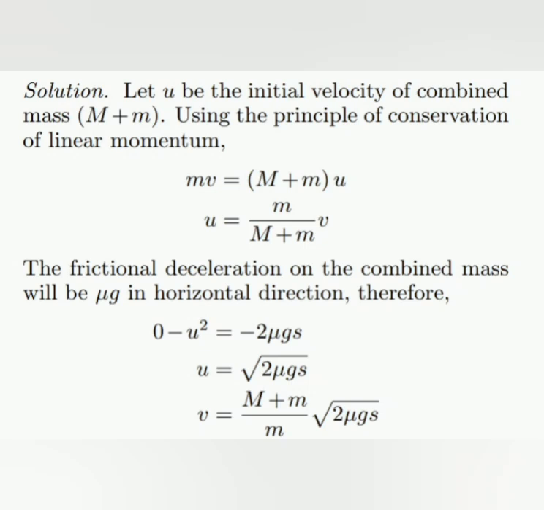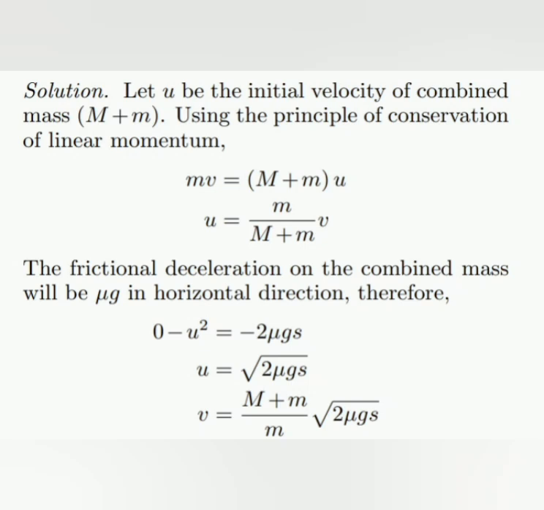Most of you can do up to this part, but the thing to keep in mind is that if kinetic friction between the block and floor is mentioned, the net deceleration will be mu into g. Here they already mention acceleration due to gravity, so take acceleration as g.